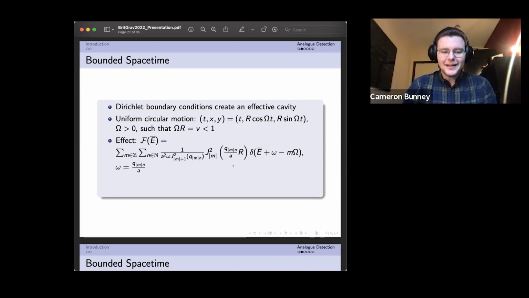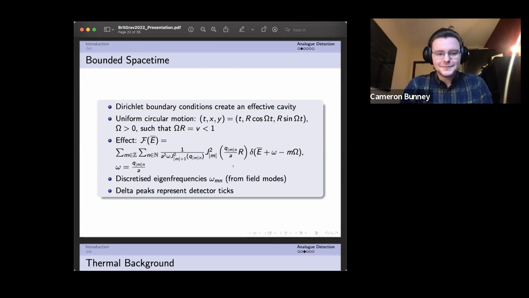The points that are relevant are that our momenta and eigenfrequencies are actually discretized. And we can see that the delta function picks out each of the ticks of the detector. So we can explicitly see when the detector will see something.